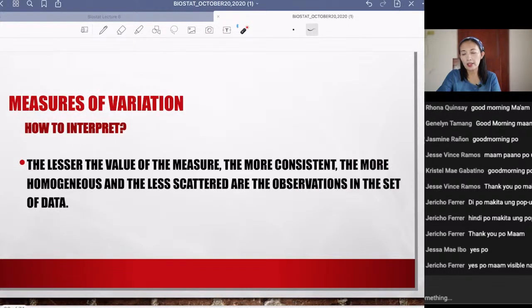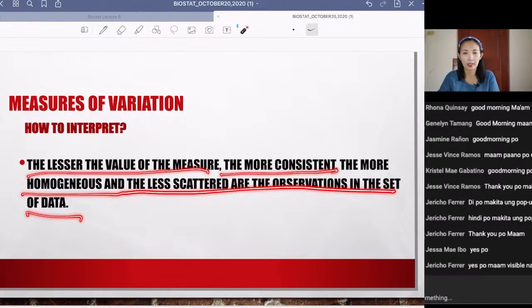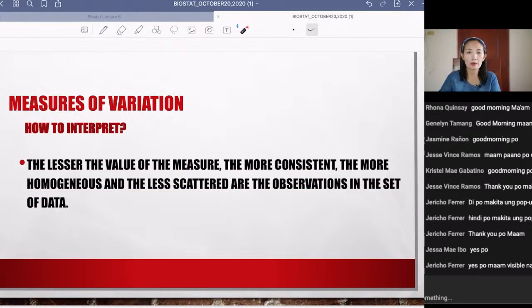Now, how to interpret the measures of variation: the lesser the value, the more consistent, the more homogeneous, the less scattered are the observations. Because by dispersion, we mean degree of scattering. So, the lesser the value, the closer the scores are to the central point.